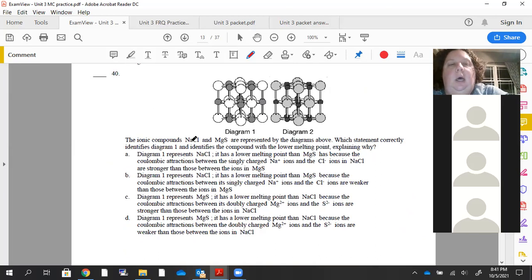So both of them are ionic compounds, so I know that they're both being held together because of charges. That's how ionic bonds stick together. So sodium chloride is made of sodium plus and chlorine minus. Magnesium sulfide is made out of Mg2+ and S2-. So I've got a difference in charge here.